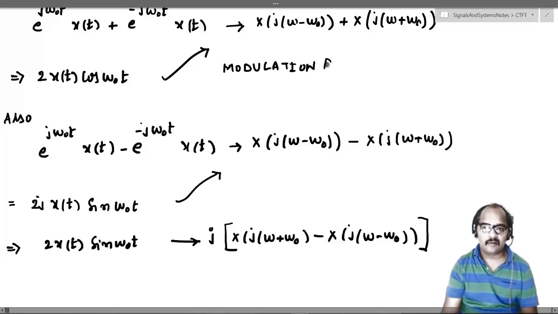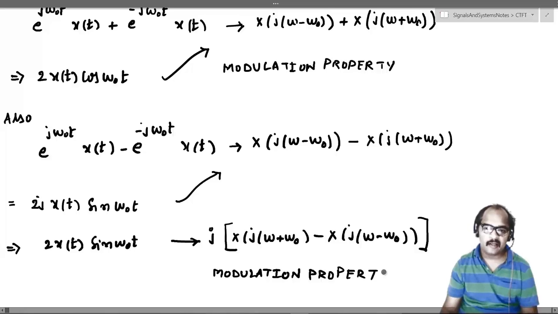These are called modulation property, and this is also modulation property. We call it modulation property. But how did we derive this modulation property? We derived this from frequency shifting property.